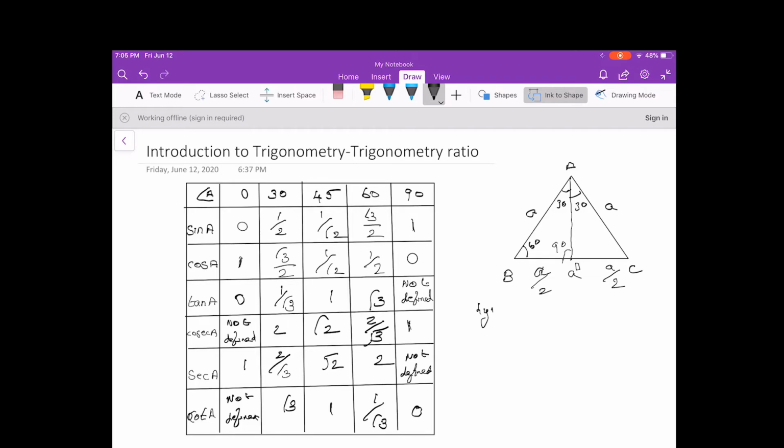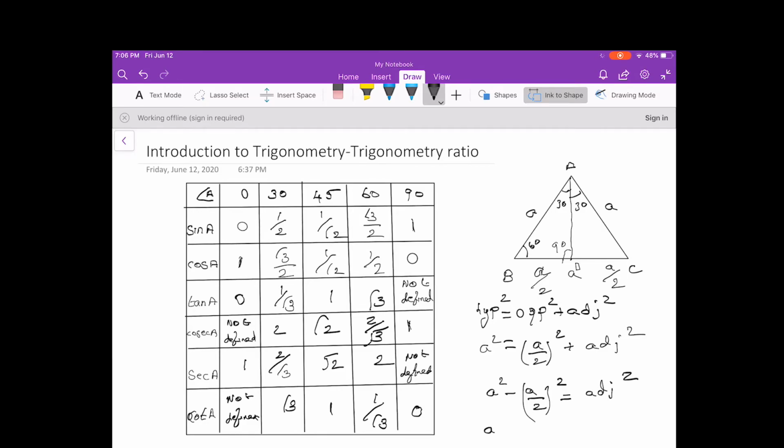Hypotenuse square is equal to opposite square plus adjacent square. Opposite is A by 2, the whole square, plus adjacent square. Hypotenuse is given, adjacent is not given, so I'll take adjacent square itself. So this is A square minus A by 2 the whole square equal to adjacent square.